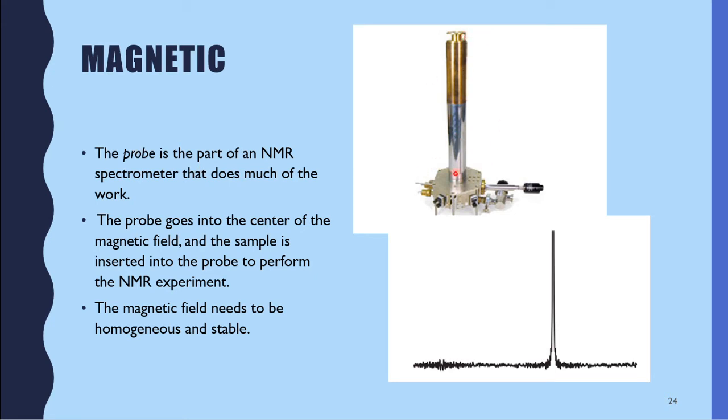This is where you put the NMR tube, and it goes to the middle of the magnetic field, with the sample inside the probe. One of the things you want to make sure is that the magnetic field is homogeneous and stable, so you have to tweak some of the parameters on your computer to make sure that it's stable, so you have a sharp peak here.